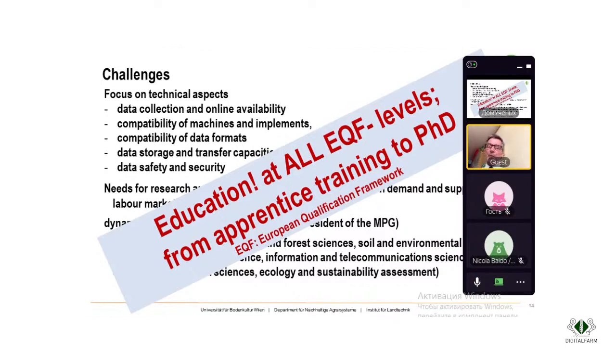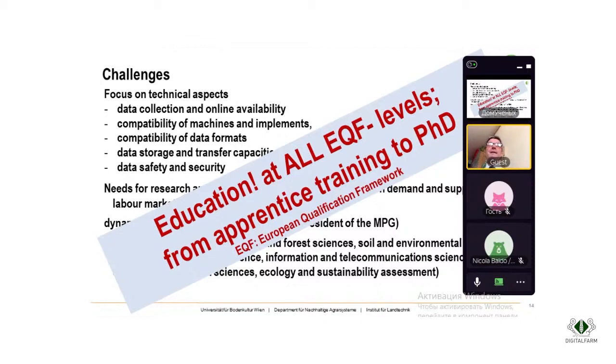That means from apprentice training up to the PhD education, we have a big work in front of us to implement all this knowledge in interdisciplinary approaches in our education activities overall.